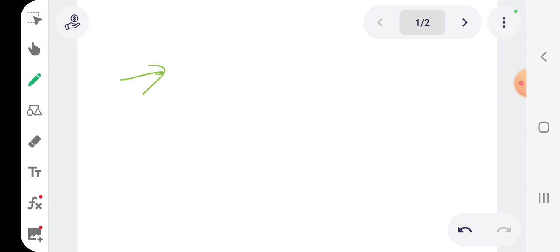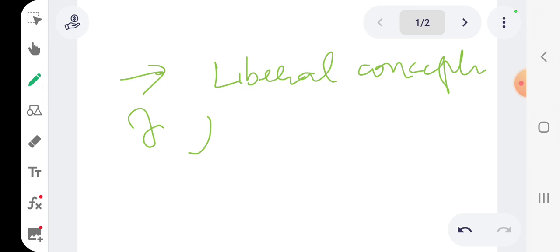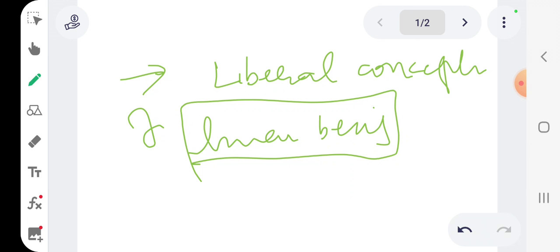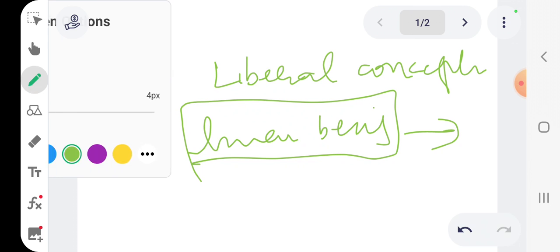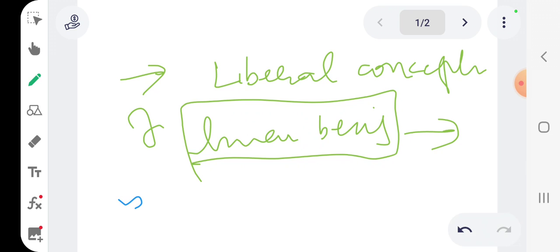Many authors have noted that the liberal conception of human being is quite in the image of a Christian God or Abrahamic God.